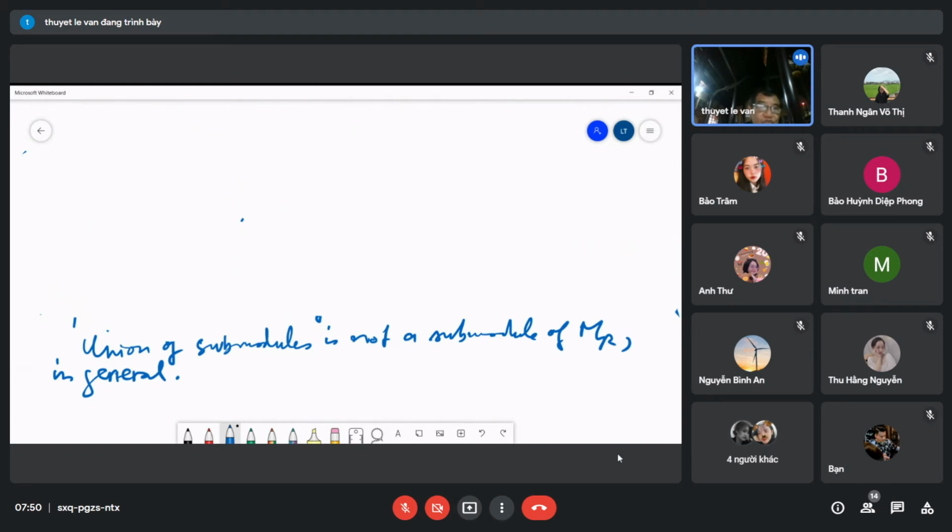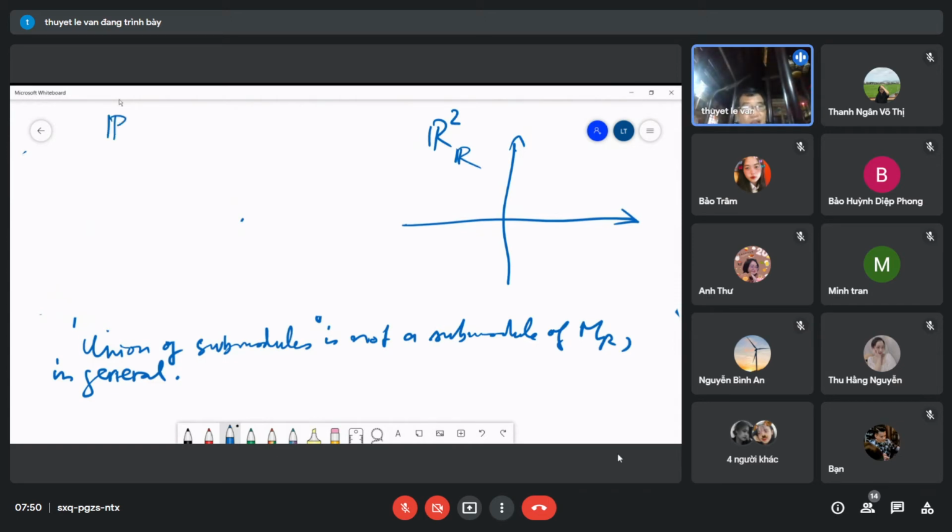For example, you can take R square. Here is R square, and that is the R-module.